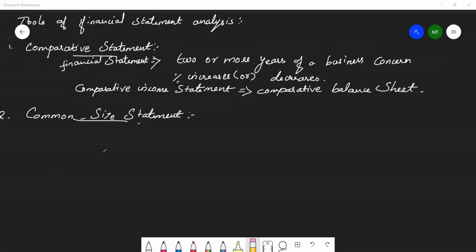So common base expressed என்ன அப்படின்னா percentage of the common base.